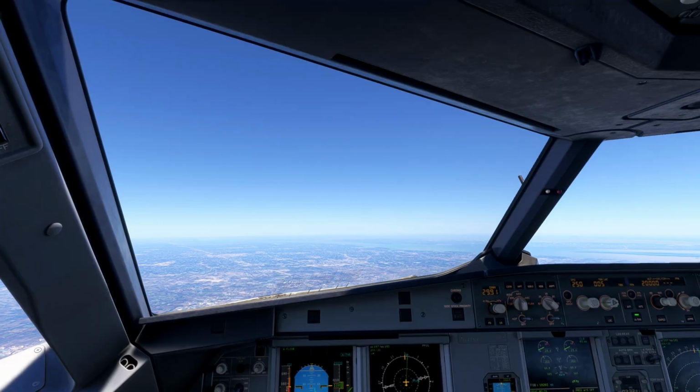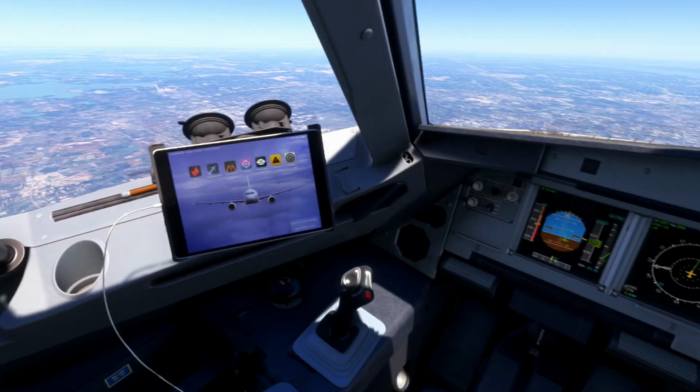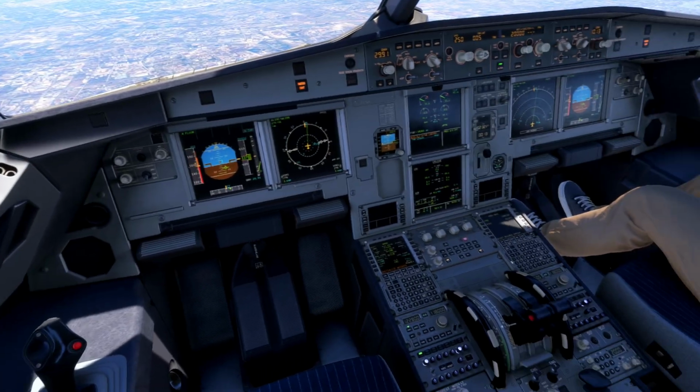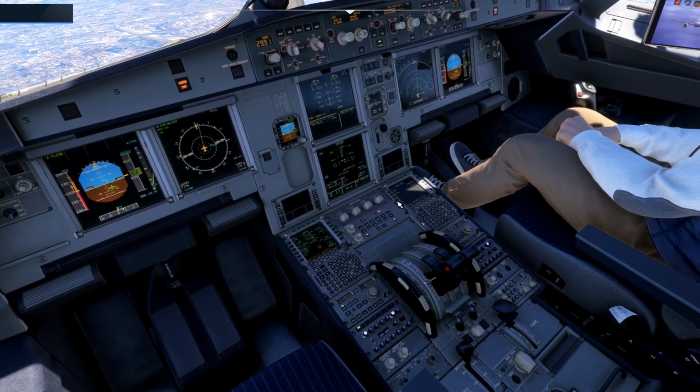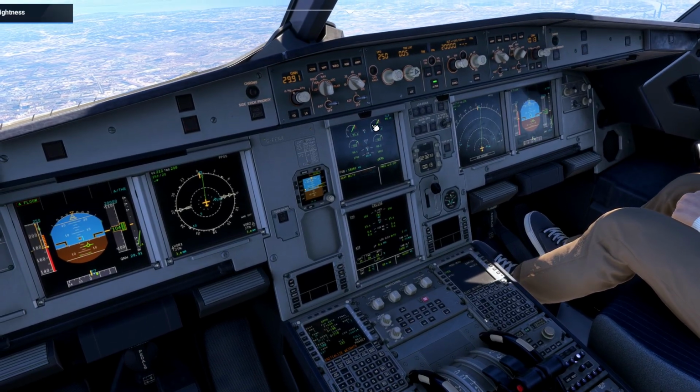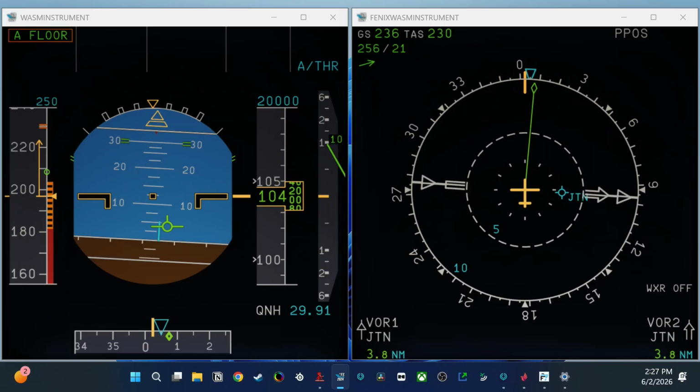Which means it doesn't matter if I'm pulling the side stick fully and the thrust levers are in idle, the aircraft will put the thrust levers to TOGA. And then even though I'm pulling all the way, the aircraft doesn't let me go beyond the alpha max, which is the red line. In normal law, we cannot stall this airplane.